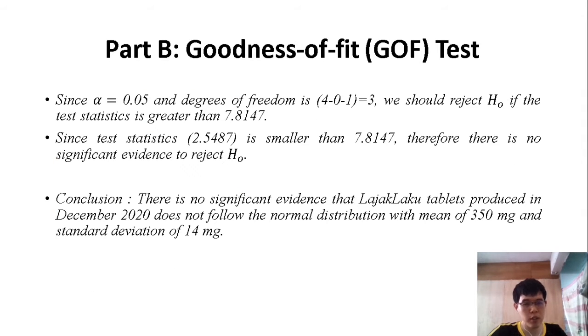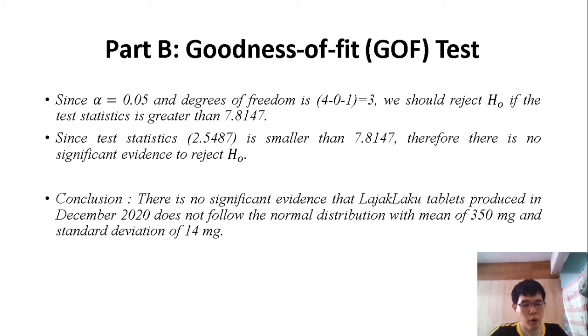Since significance level alpha is equal to 0.05 and the degrees of freedom is obtained as 3, then we should reject H0 if the test statistic is greater than 7.147. Since our test statistic is obtained as 2.547, which is smaller than 7.147, there is no significant evidence to reject H0.